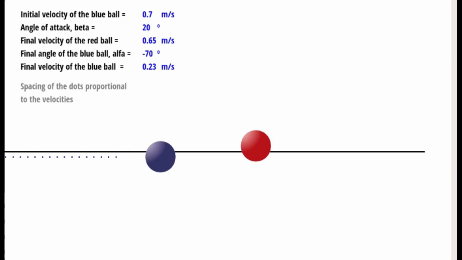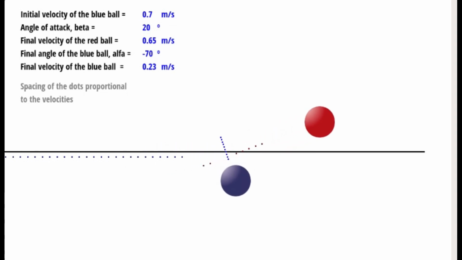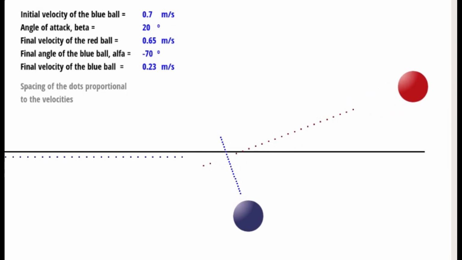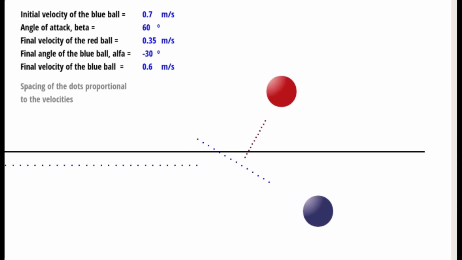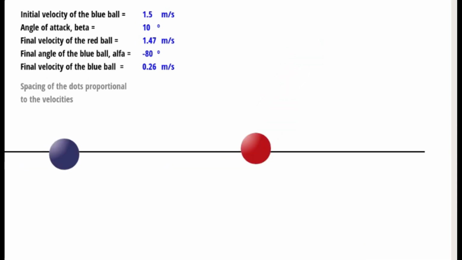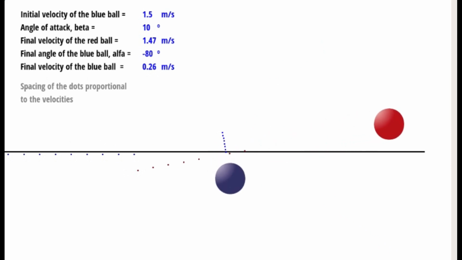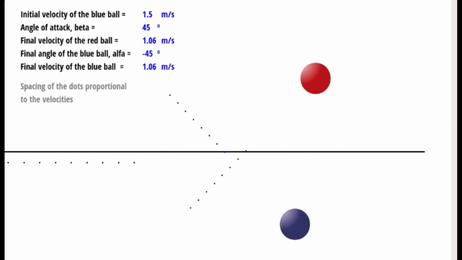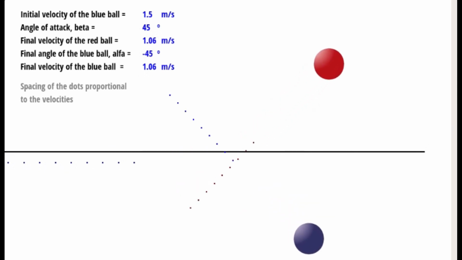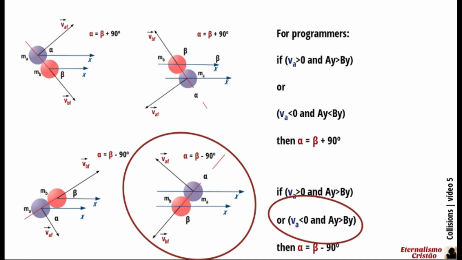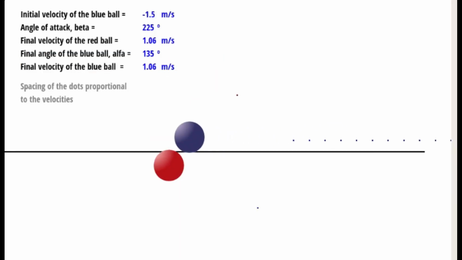Now, the incoming ball arrives under the standing ball but with positive velocity. Alpha is, now, equal to beta minus 90 degrees. At last, consider the situation where the incoming blue ball arrives over the standing red ball, with negative velocity.